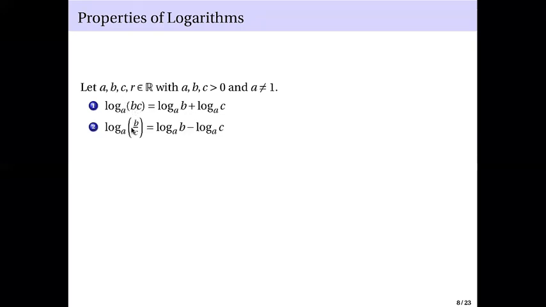If we have the product, we also have a quotient. The logarithm of b over c with base a is equal to the logarithm of b with base a minus the logarithm of c with base a. So for product, you have the sum here. For quotient, you have the minus.